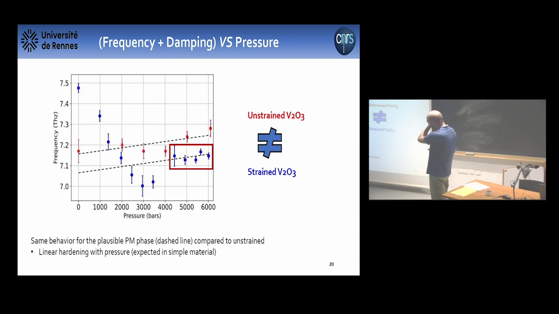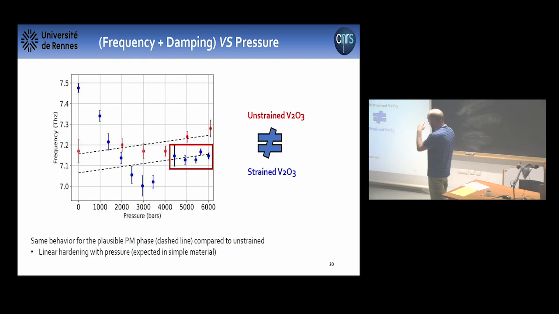Still, something you may notice is that for the values around 3 kilobars, it's much lower than the simple extrapolation of the metallic phase frequency.